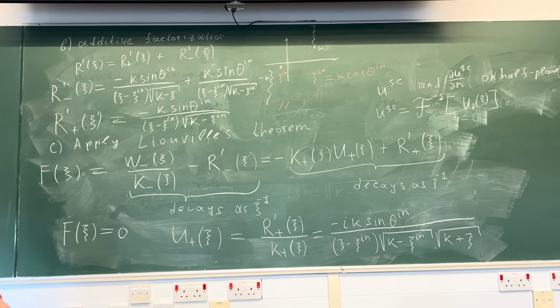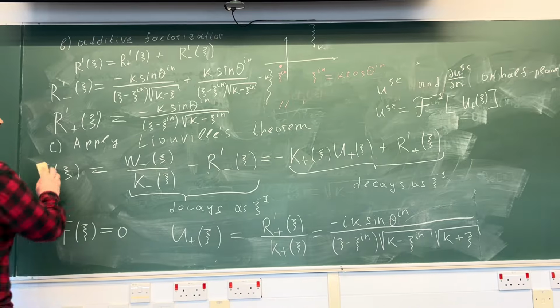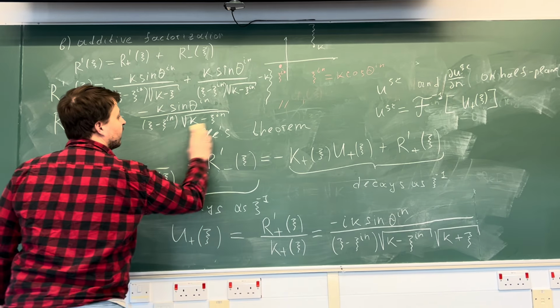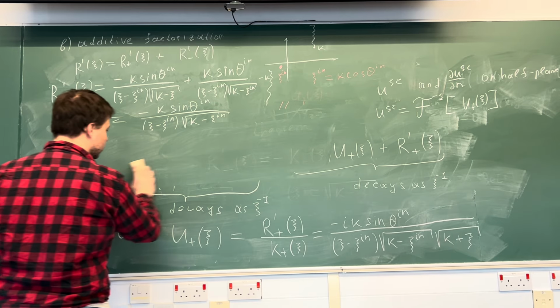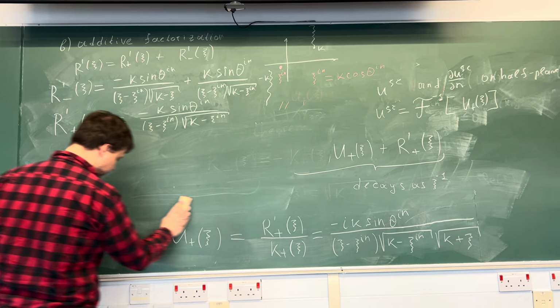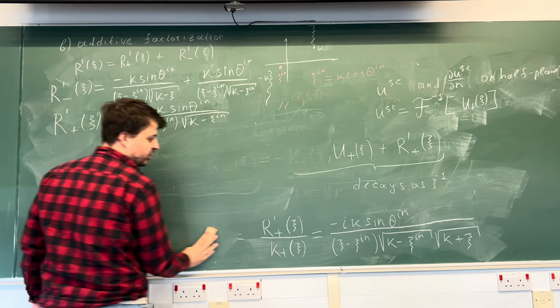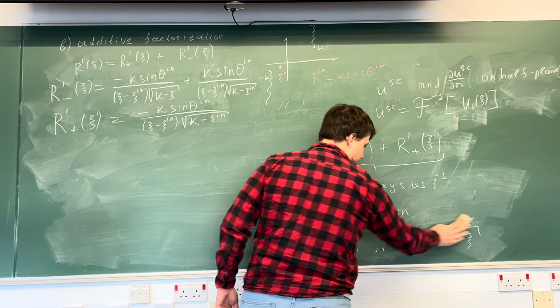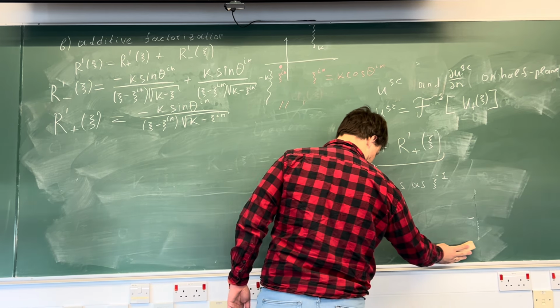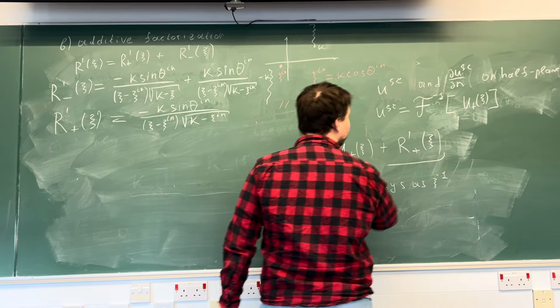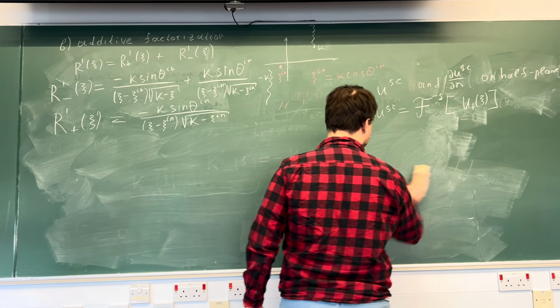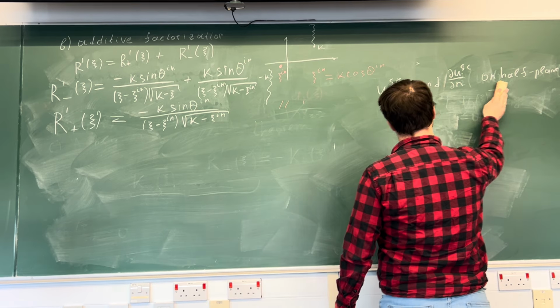I did it because I'm not lazy, and I will give you the solution, and then it will be your task to check that I obtained it correctly. That's not hard, it's just some computation.